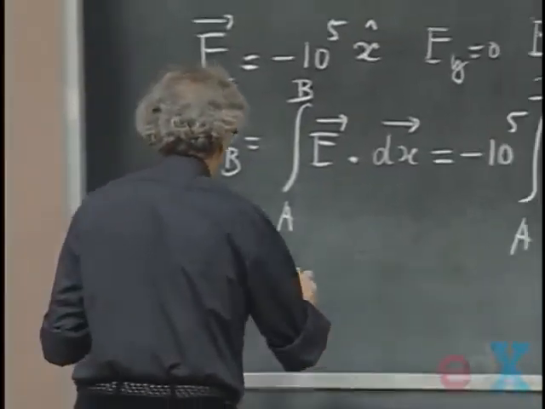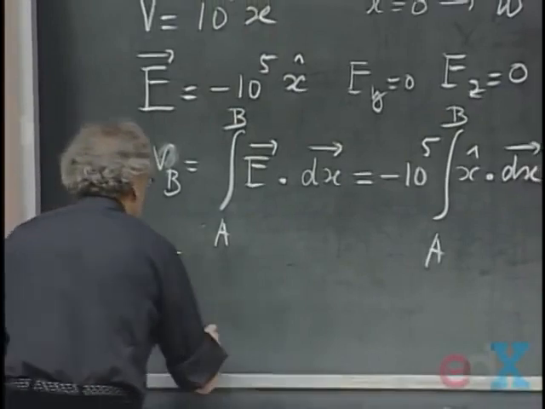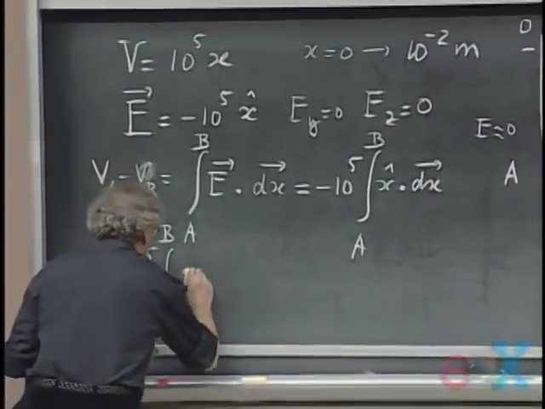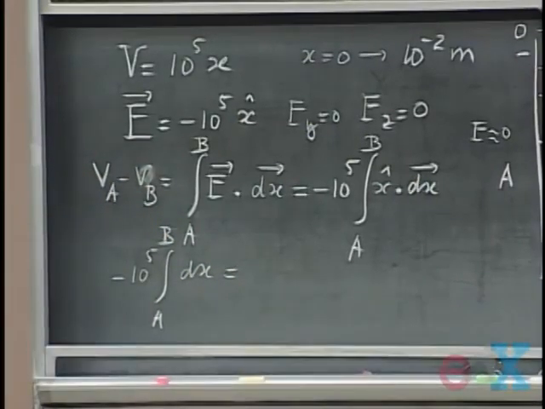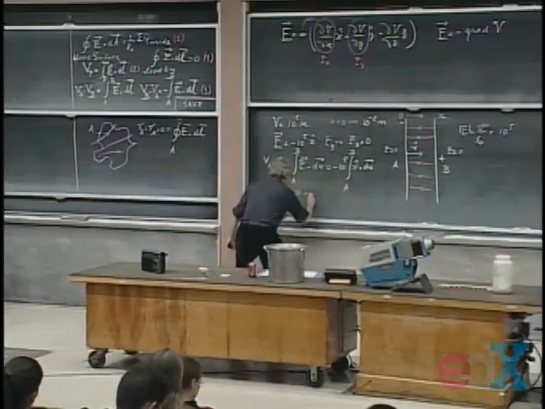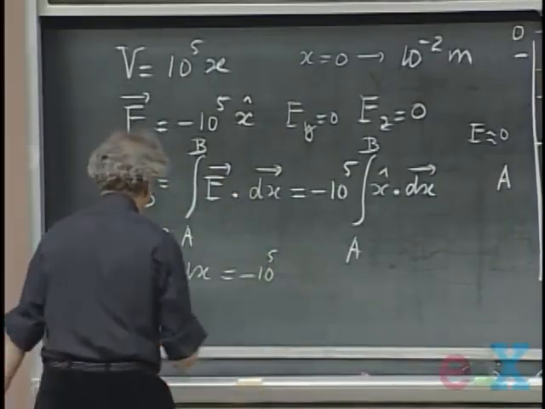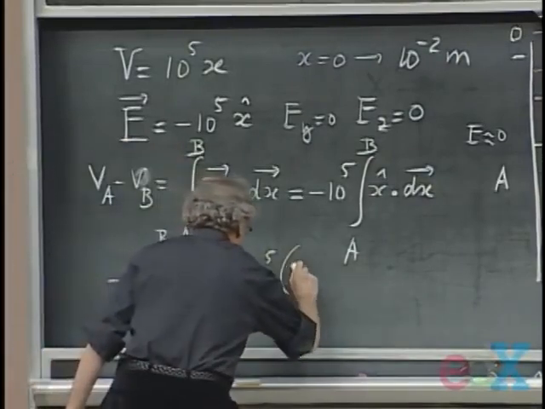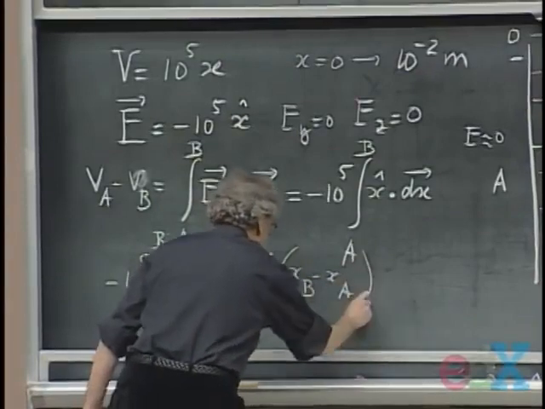And so this becomes minus 10 to the fifth times the integral going from A to B of dx. And that is trivial. That is minus 10 to the fifth times the location. I have to do the integral between A and B. So I get here x of B minus x of A.